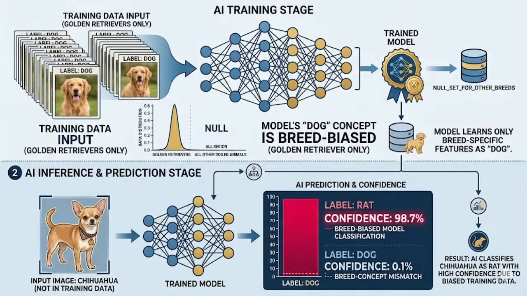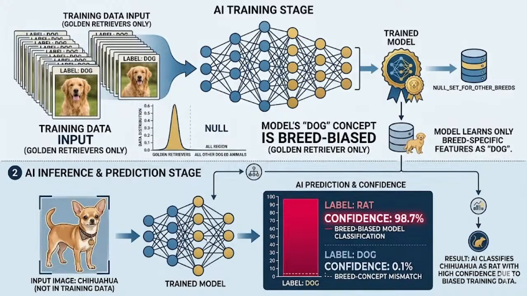So this is introducing bias, in the form of a breed bias here. We don't acknowledge other breeds of dogs. And this is going to cause issues because it's going to make its prediction of what it thinks it sees. So we put in this input image of a Chihuahua that's not in the training data. Maybe it starts making connections to other animals that it's seen.